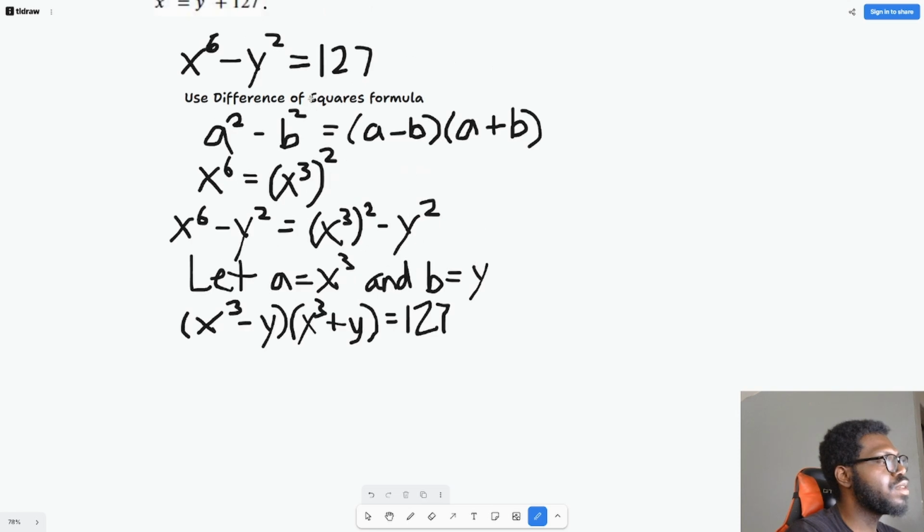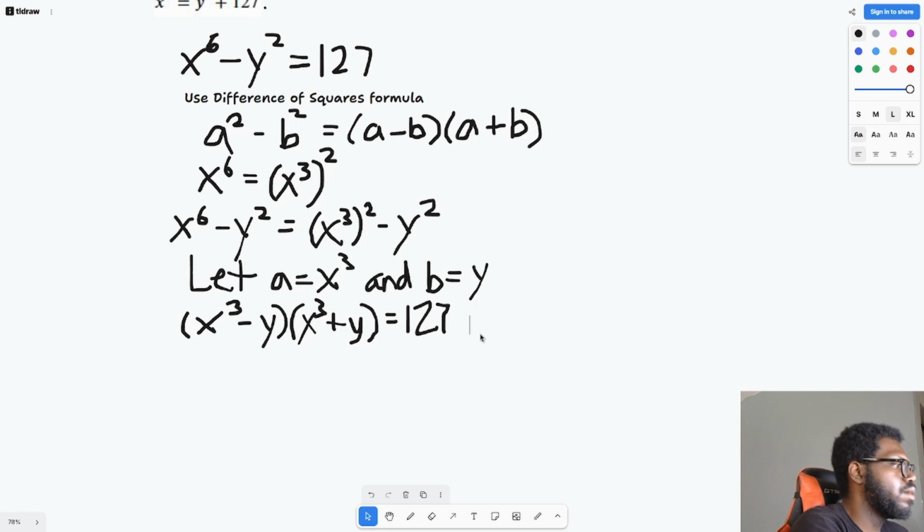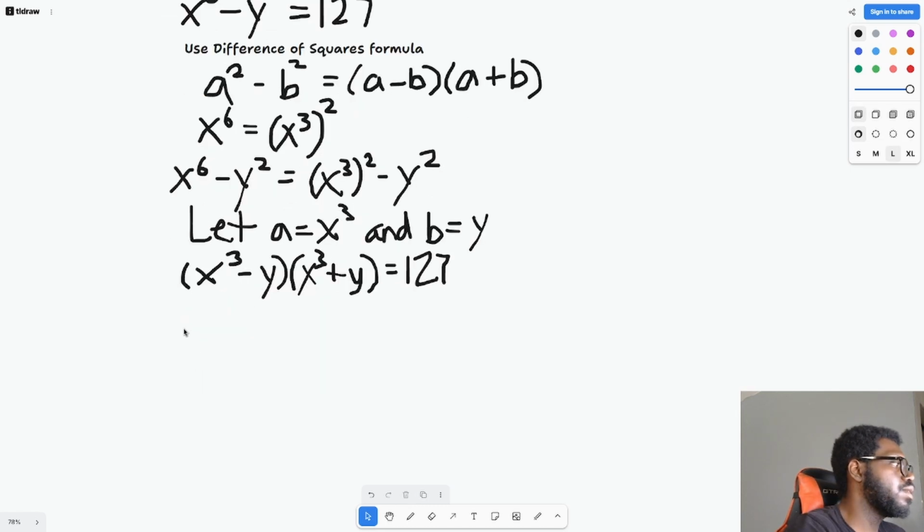We're also going to use the fact that 127 is a prime number. What's a prime number? Well, a number that's only divisible by itself and 1. I'll write down here that the only factors of 127 are 1 and 127.